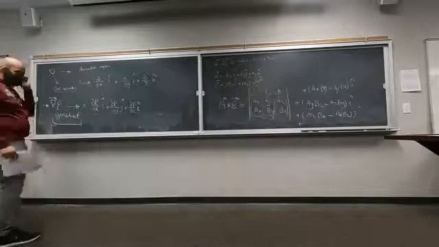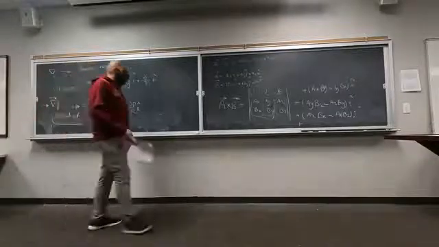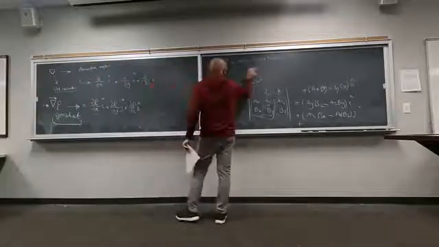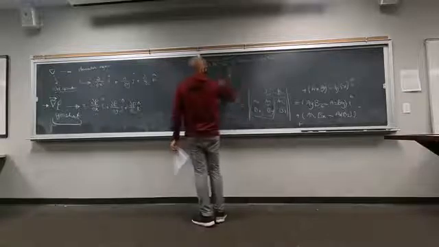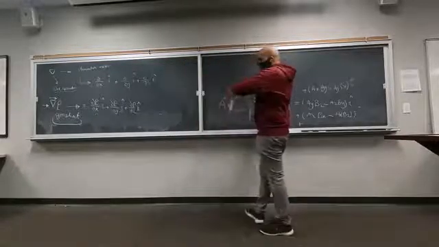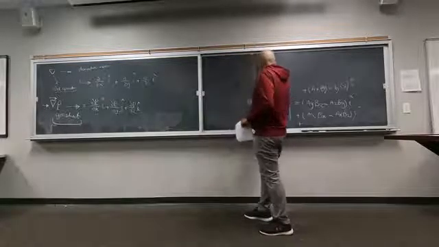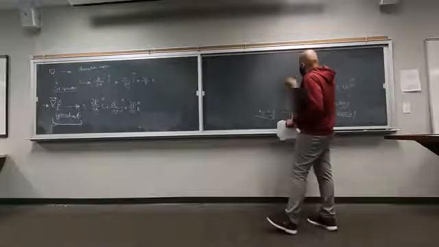This is in Cartesian coordinates. I'm going to write down the same things for cylindrical. I'm just going to write them down. But what will happen if we are dealing with two vectors?